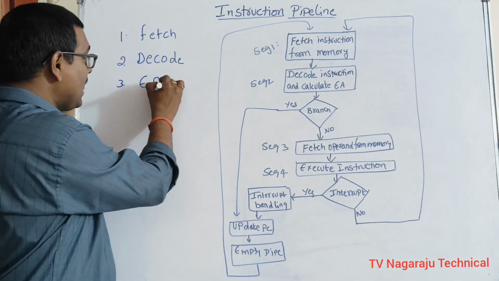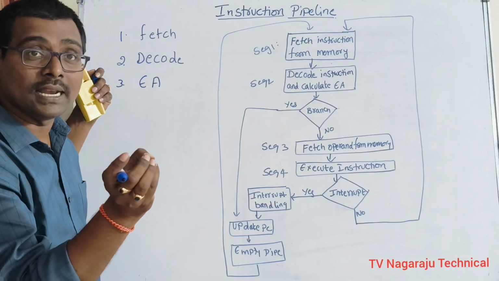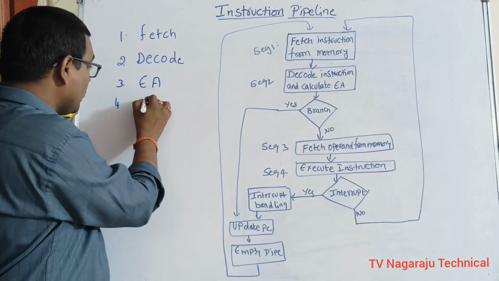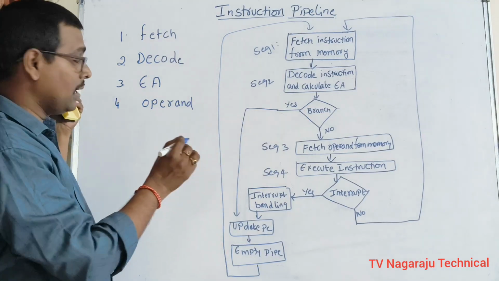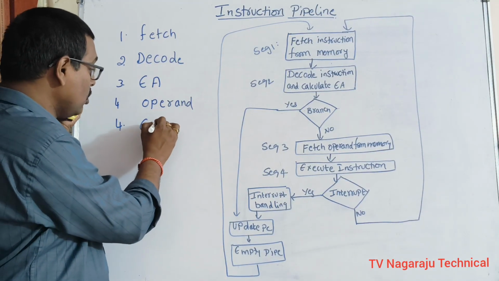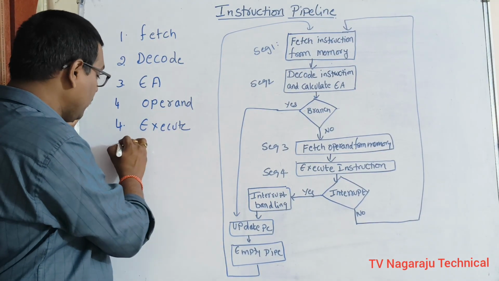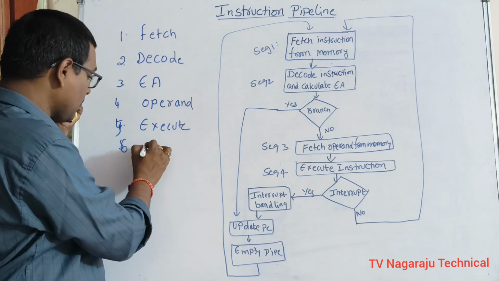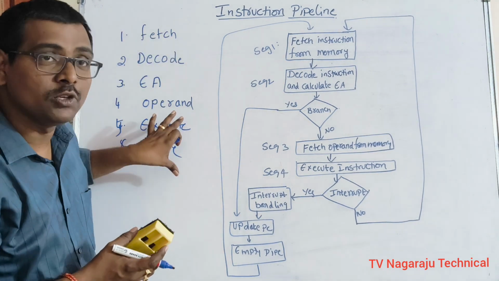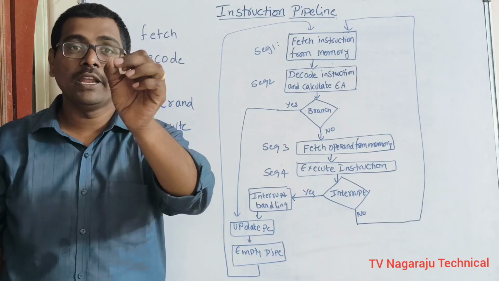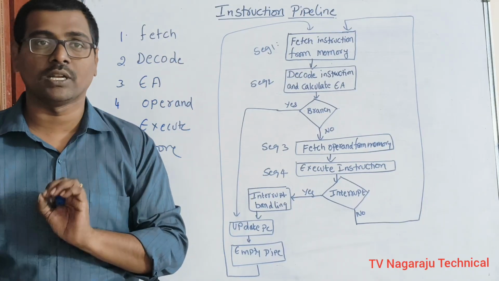After that, calculate the effective address. The next one is fetching an operand from the memory. Next, execute the instruction, and finally, the sixth step, store the results. So these are the 6 steps you need to follow for execution of an instruction.